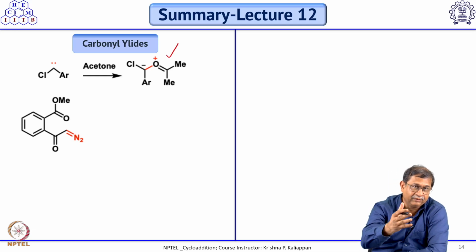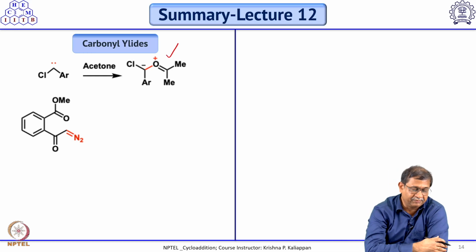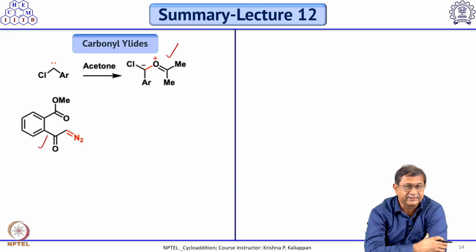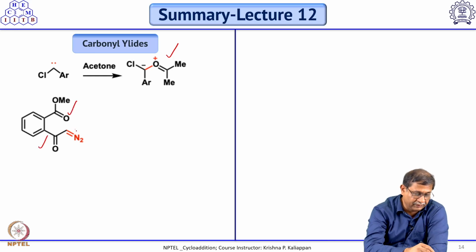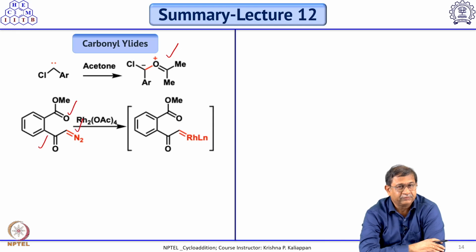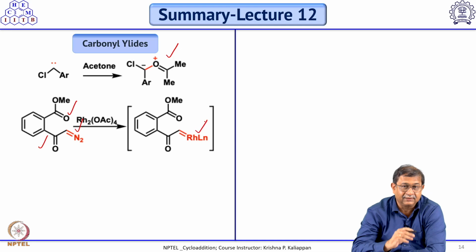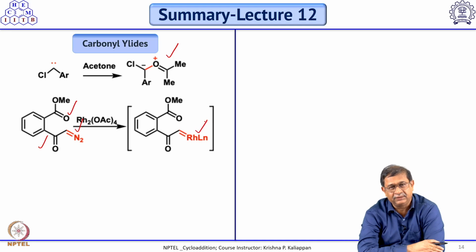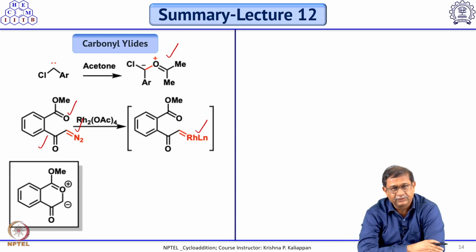So this is intermolecular formation of carbonyl ylides, whereas in the next case you can see you have a carbonyl group and the diazo compound. You can treat with dirhodium tetraacetate or copper acetate. So basically you generate a carbenoid, a metal carbenoid, in this case a rhodium carbenoid.